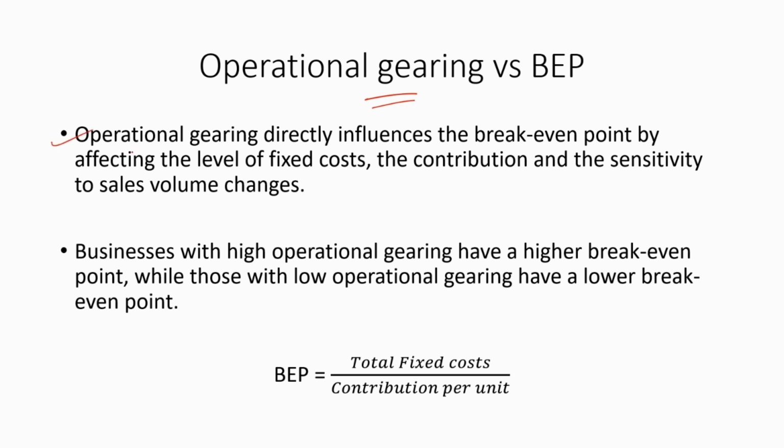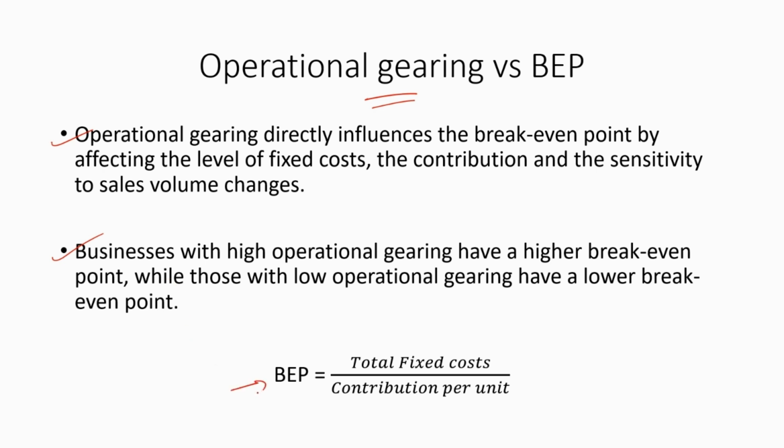Operational gearing directly influences the break-even point by affecting the level of fixed costs, the contribution, and the sensitivity to sales volume changes. Businesses with high operational gearing have a higher break-even point, while those with low operational gearing have a lower break-even point.